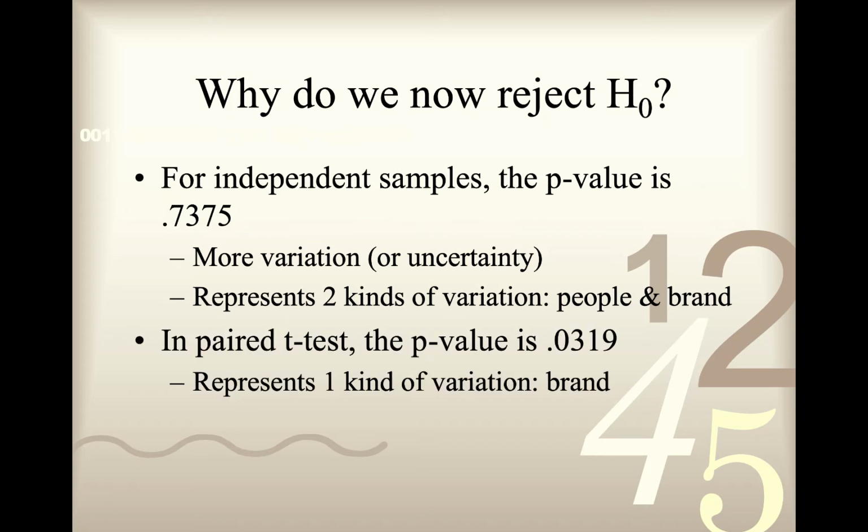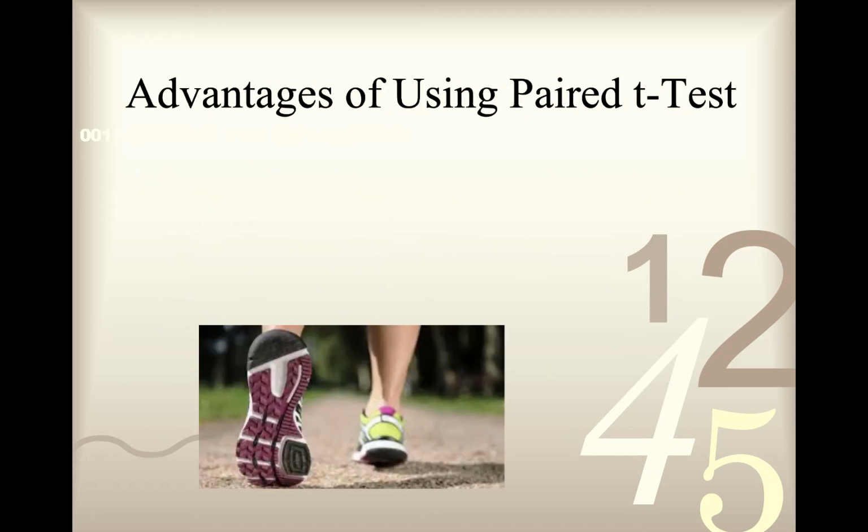In the paired t-test, the p-value is 0.0319 because by consolidating to a single mean difference, or just calculating the difference for each person, it represents one kind of variation, which is brand. All right, so we're able to isolate just the variation in Nike and Adidas.